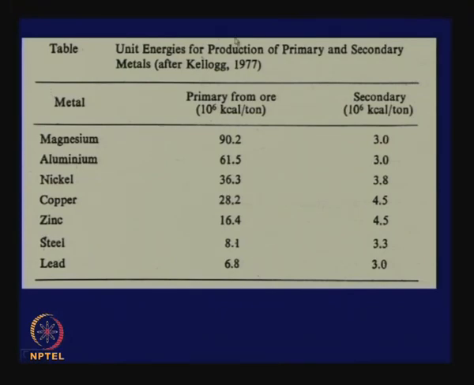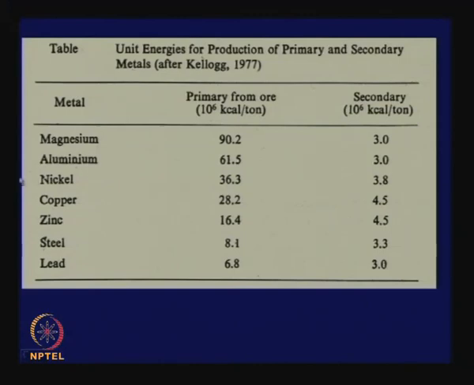All you have to do is take that impure metal and purify it. So, the unit energies for production of secondary metals would be much lower than the primary metals. By primary metals, we mean metals extracted from ores. By secondary metals, we mean metals extracted from scrap. So, the secondary metals come as a result of refining of the metal scrap.